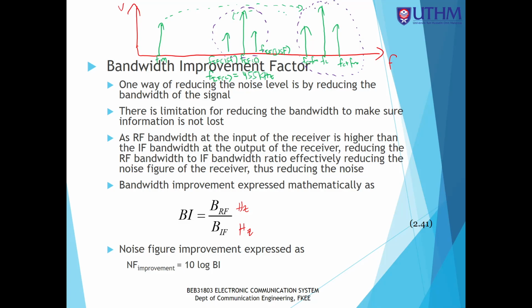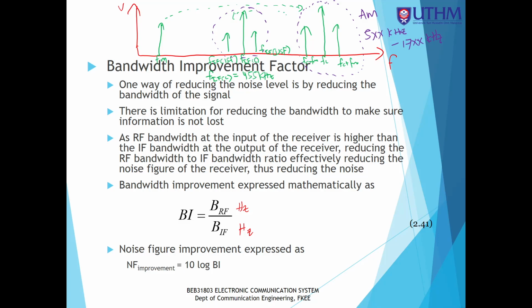This is what we call down conversion. Down conversion happens before the demodulation process. The receiver will down convert from the RF frequency band. What is the RF frequency band? It is the AM band, which as I mentioned previously is between 5xx kilohertz until 17xx kilohertz.